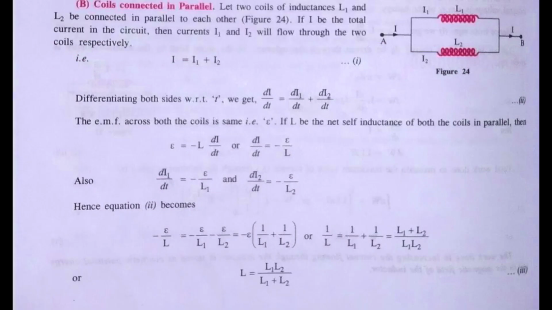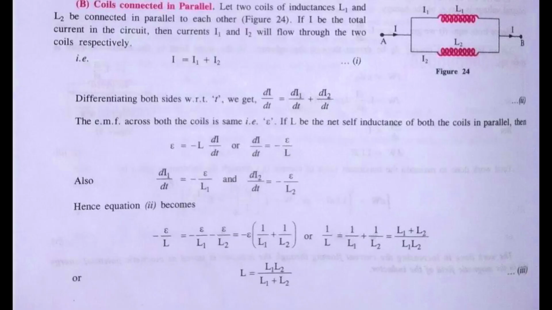Now the case when the coils are connected in parallel. For the parallel combination, the total current is I equal to I1 plus I2. Differentiating this with respect to time t, we have di over dt is equal to di1 over dt plus di2 over dt.